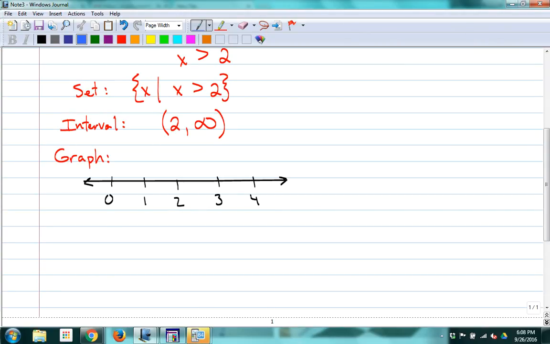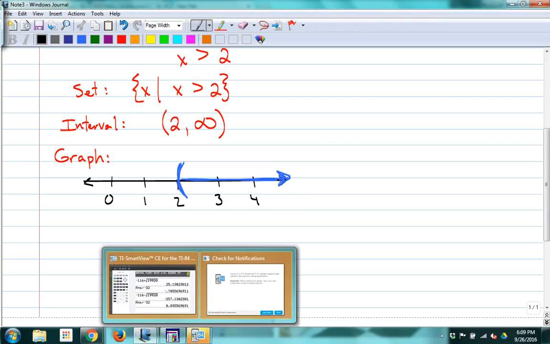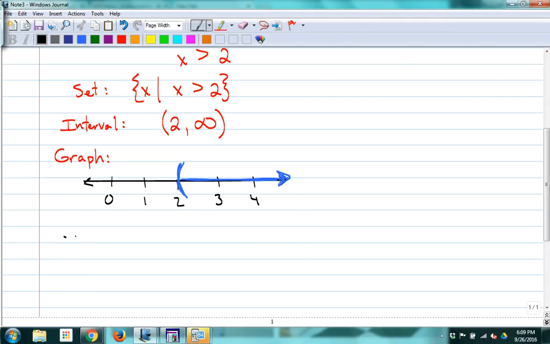And you're going to put a parenthesis on the 2 like that, and then your shading goes to the right. Did they used to teach circles? Open circle, filled in circle, yeah. They actually still do in most high schools, open circle, filled in circle. So it would be better to put the parenthesis on the 2 or after the 2? On the 2. Okay. So we get 3 different ways to express our answer: set notation, interval notation, and then a graph, and be able to work between those one way or another.